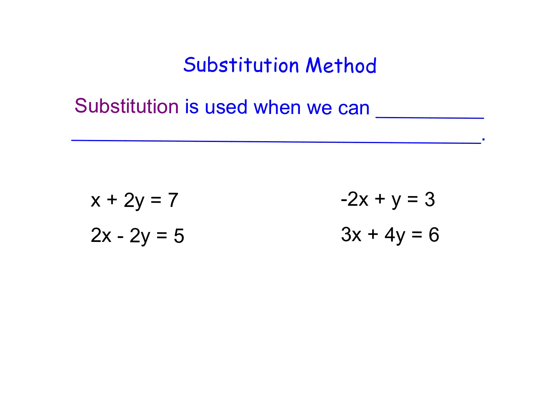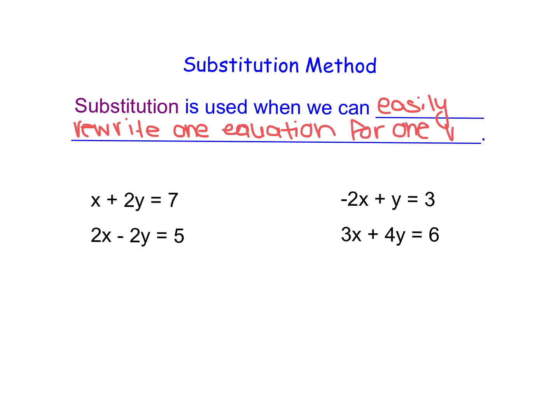So the substitution strategy is an algebraic method that is used to solve a system of linear equations. And it's typically used when we can easily rewrite one equation for one variable alone.